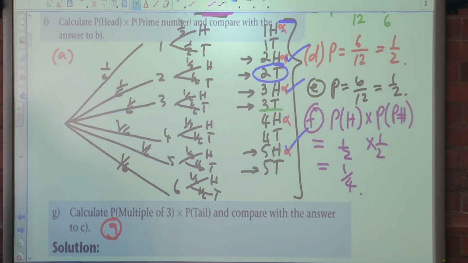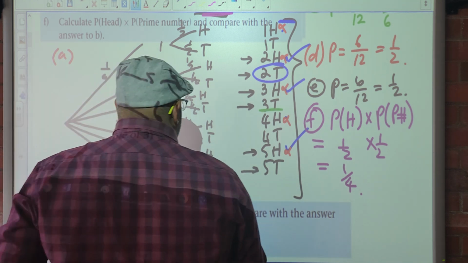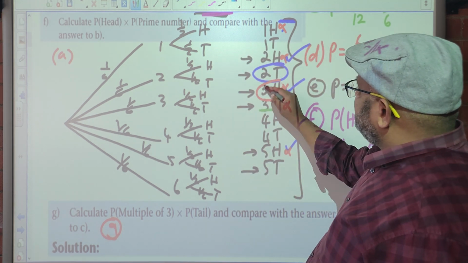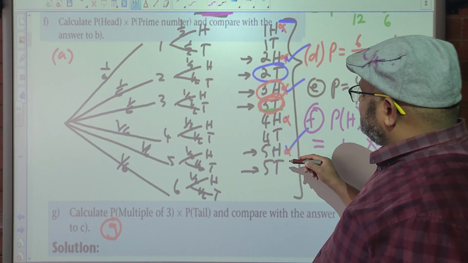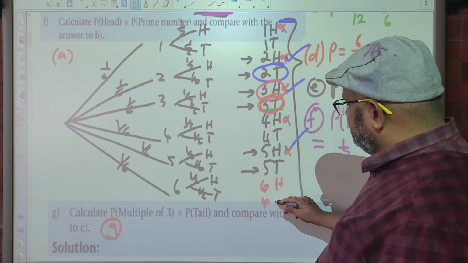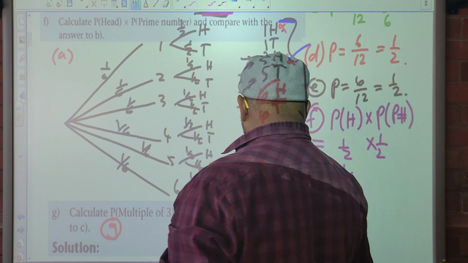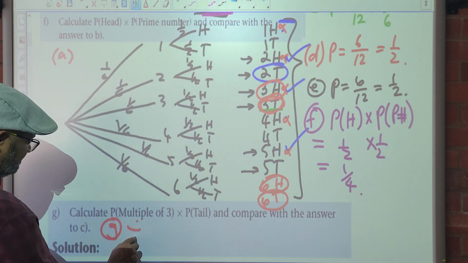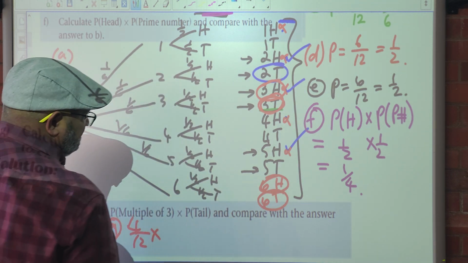Which sum was that? C. No, that's combined. Okay. What is the multiple of 3? So is that 3H, 3T, 6H, 6T? So how many outcomes are there? 4 out of 12. Times the probability of tails.